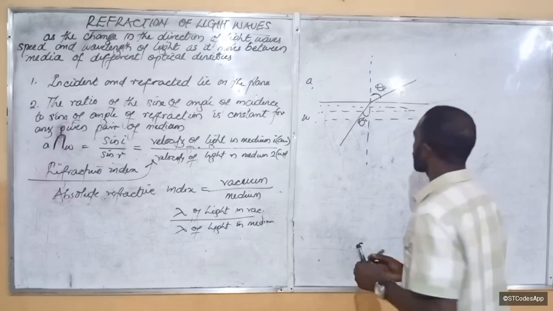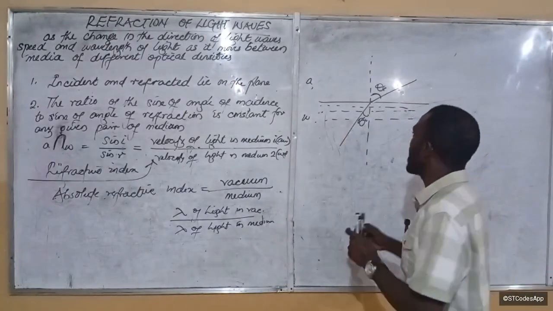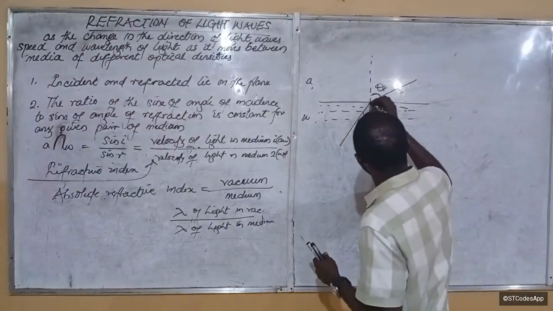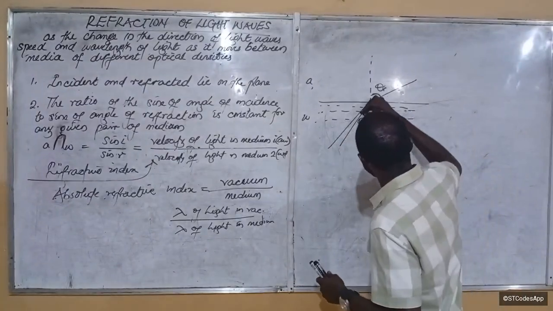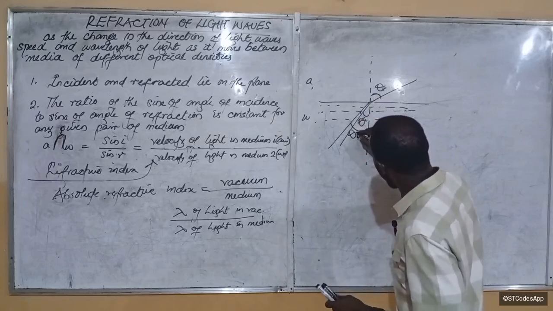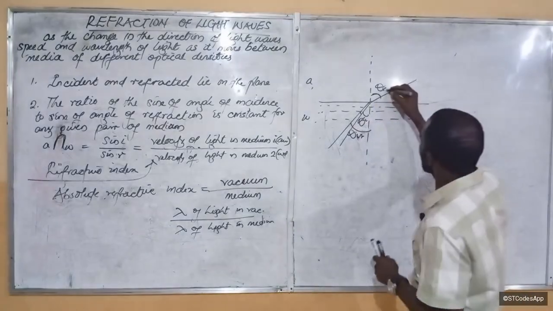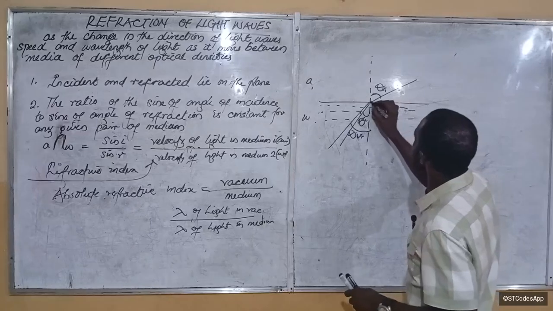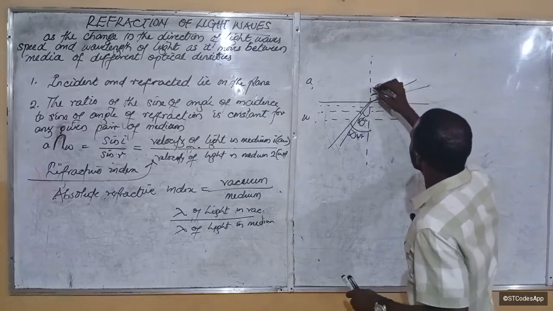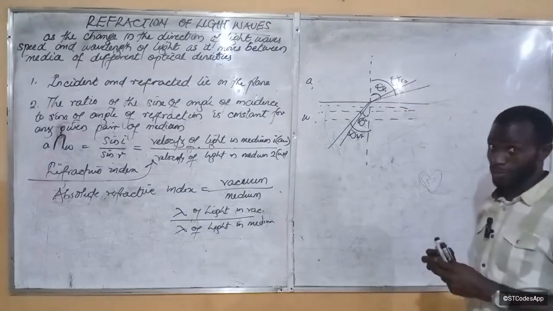Now, what will happen if I continue to shift my angle? Let's say I increase it to this place. Let's call this theta i2. This theta r, let's call it theta r1, will also increase to theta r2. I hope that is clear to us.